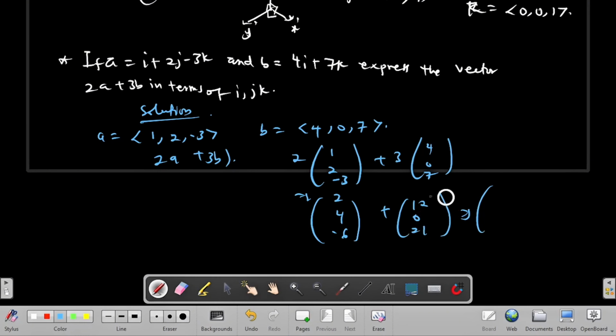So 2 plus 12 is 14, 4 plus 0 is 4, and -6 plus 21 is 15. As simple as that. This is how to solve this problem, and this is under the standard basis.